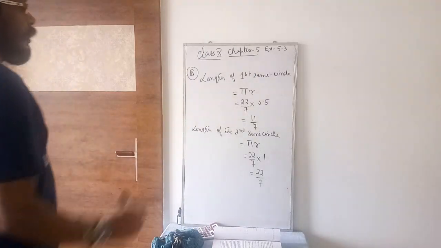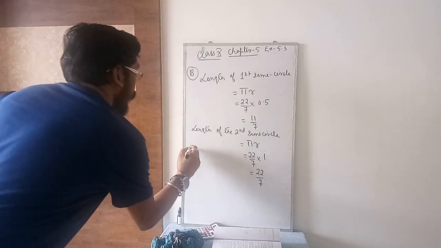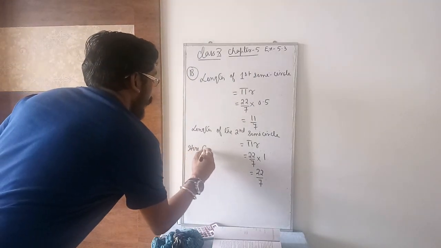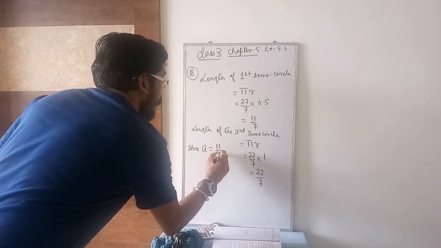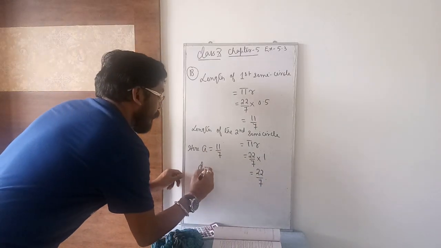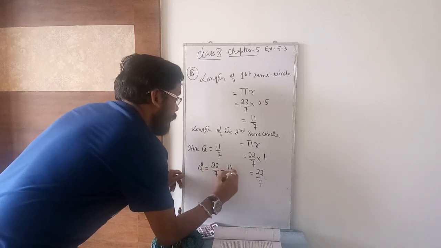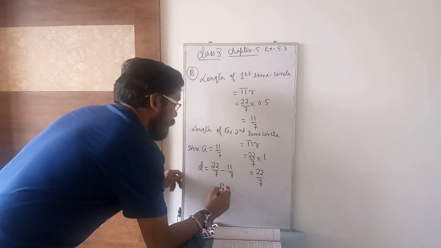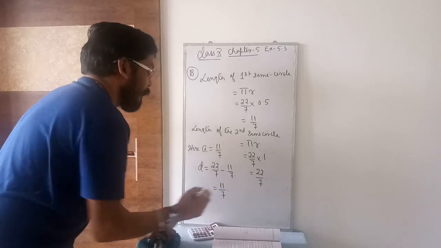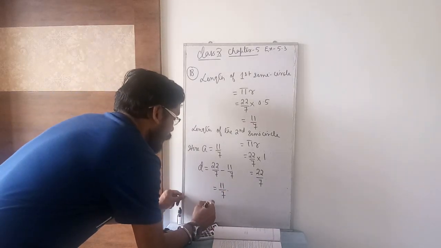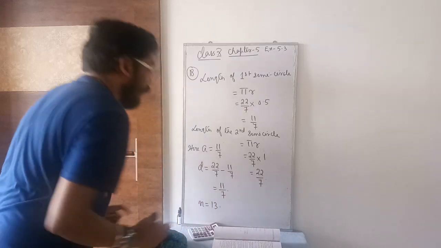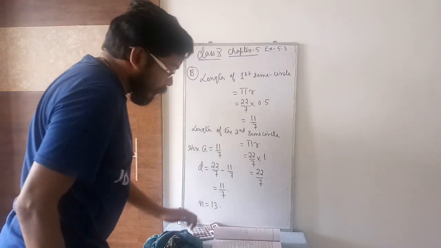Take the screenshot, I am writing it here. Here your a will be 11/7. D will be second minus first. So 22/7 minus 11/7, that is 11/7 only. N equal to 13, because there are 13 consecutive semicircles.